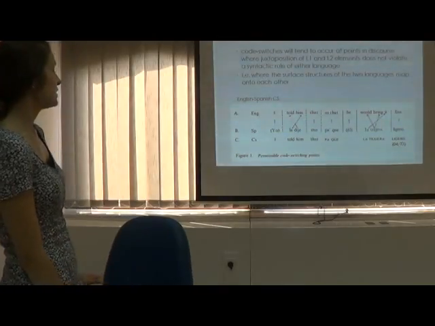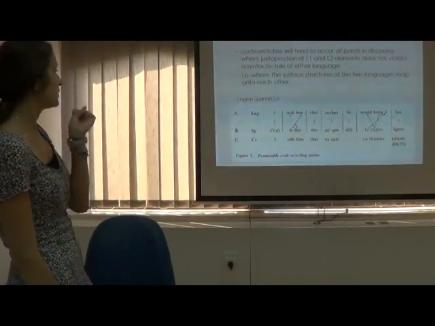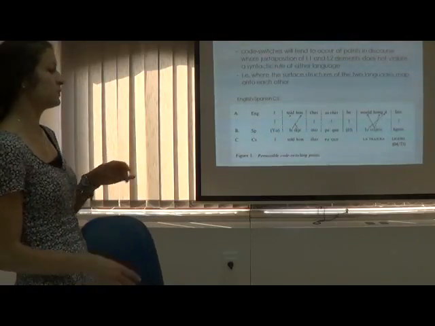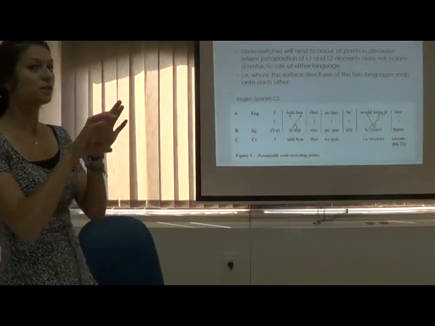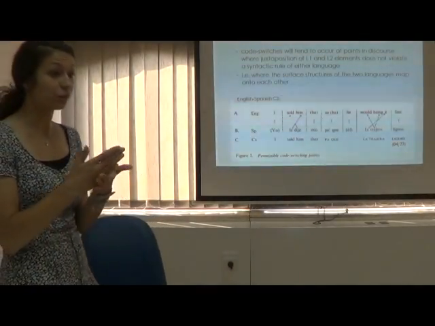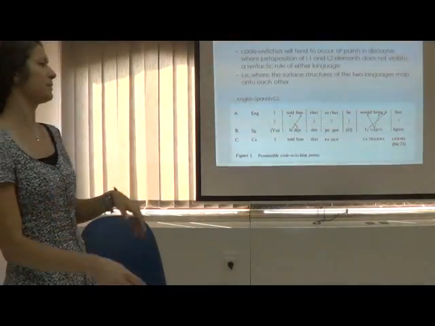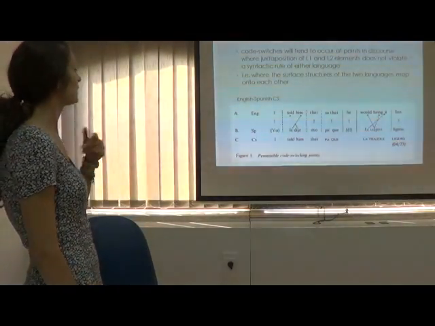Another constraint was the equivalence constraint, and this one again was proved to be wrong, but basically what this one said was that codes can be switched where the surface structures of the two languages match, but not like word for word, but linguistically when they match. So they have an example of English and Spanish again.